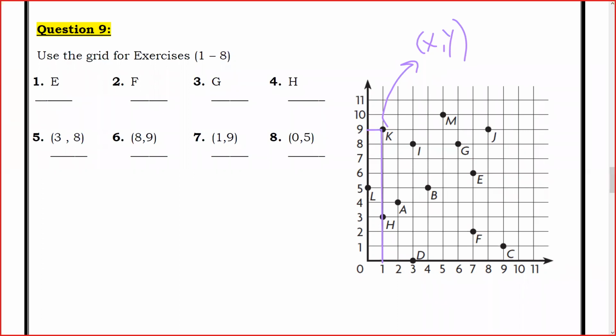After that, I will say K is on 1 on the x-axis and on 9 on the y-axis. So its coordinate will be 1, 9. This is the coordinates of point K. Got it? This is how I can find the coordinate of any point.